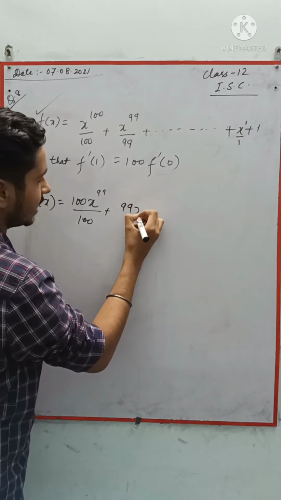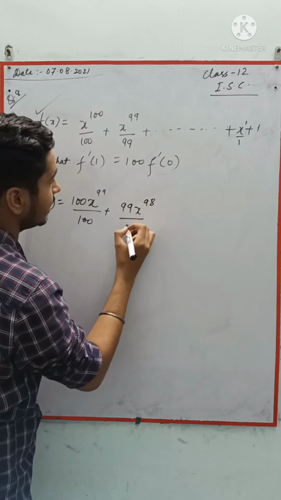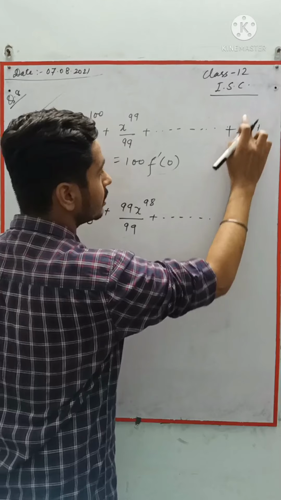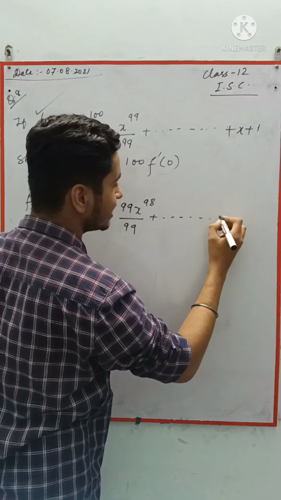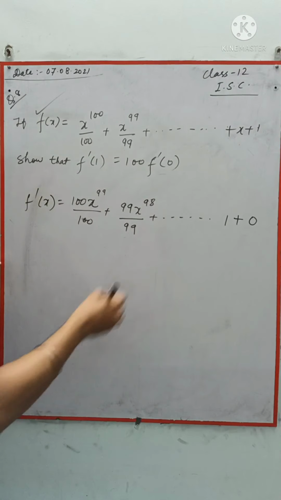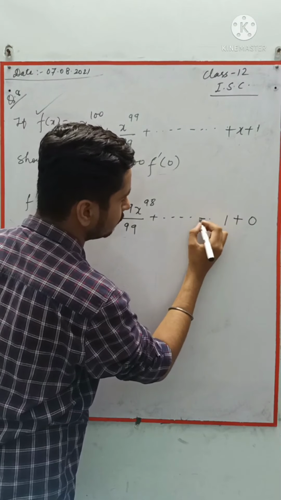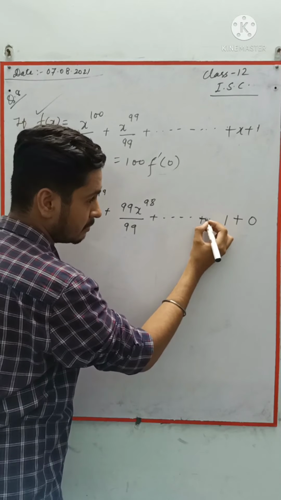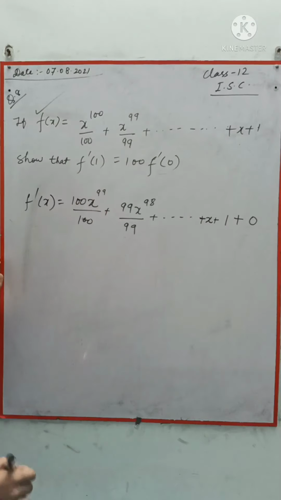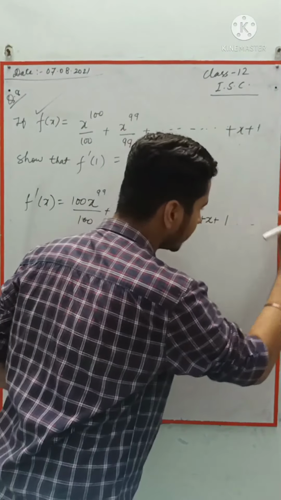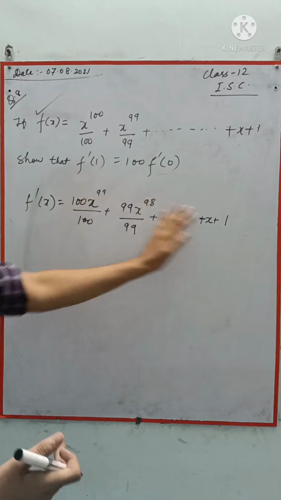Similarly, you will get 99 x to the power 98 upon 99, and so on up to this x. The differentiation of this x will be 1, and this 1 will give you 0. Can you tell me what will be the differentiation of the term which is just before 1? So it is x. Okay, and this one differentiation is 0, which we can remove. Okay, so you are left with this.